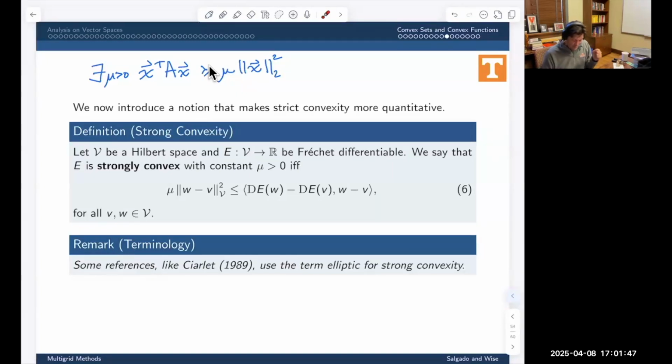So we say that E is strongly convex with constant mu positive if and only if for every V and W in the Hilbert space, this duality pairing is greater than mu times the norm of the difference, W minus V, squared. So this gives a quantitative measure about how strongly convex something is.